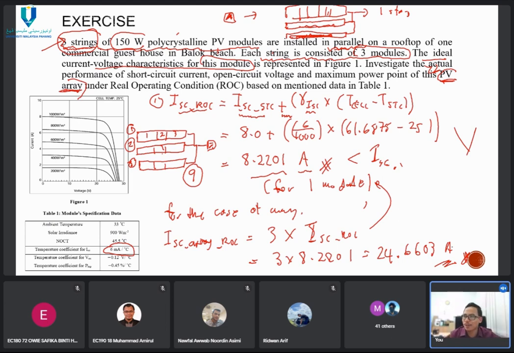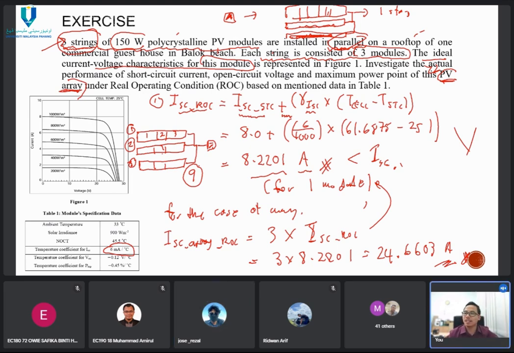Any question? Please ask, don't get confused. Why multiply by 3? Because there are 3 strings connected in parallel. A string itself means several modules connected in series.